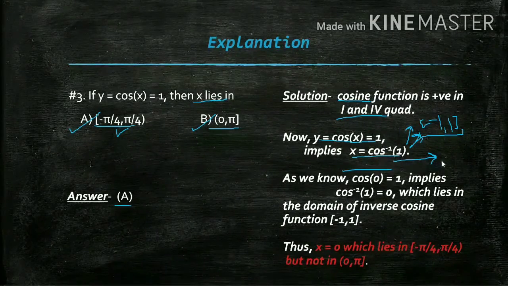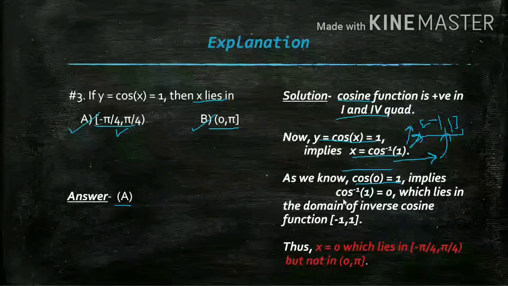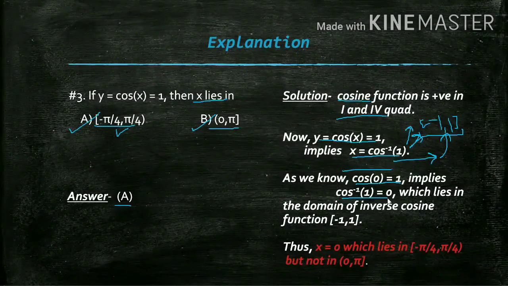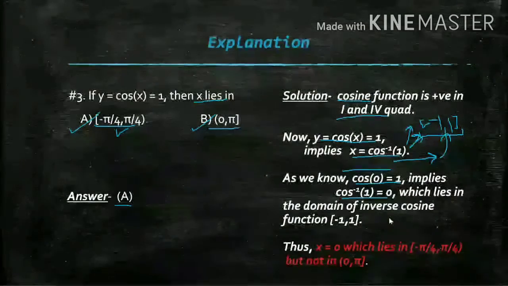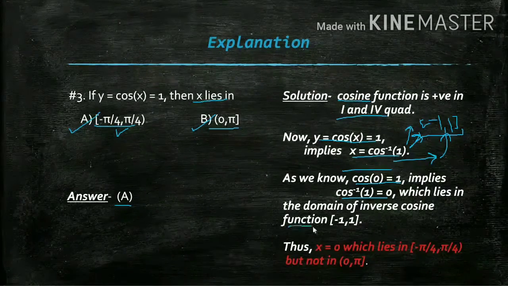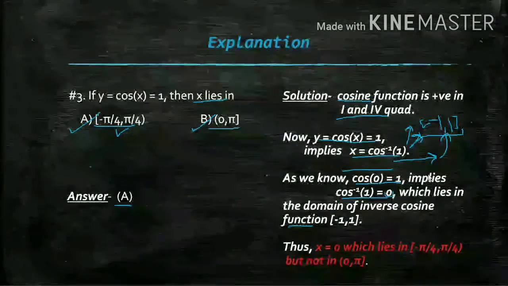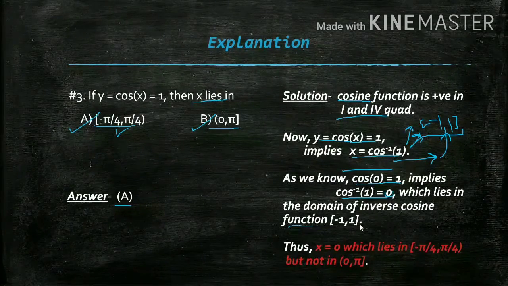Now we can proceed further. Same thing, cos of 0 is 1 implies cos inverse 1 would be 0, and this lies in the range of the inverse of cosine function. Okay, sorry.